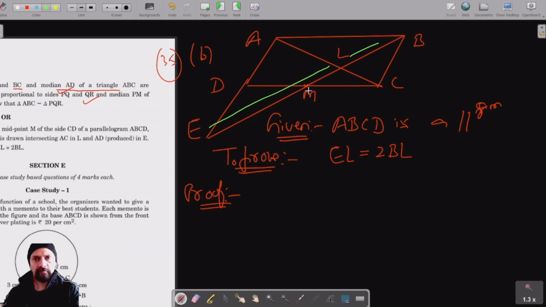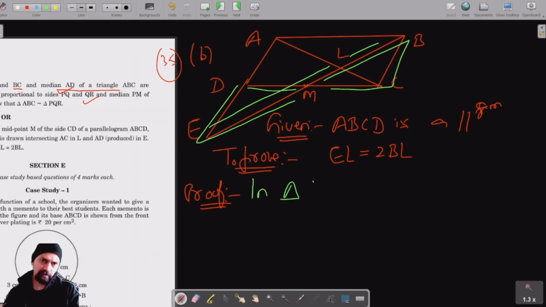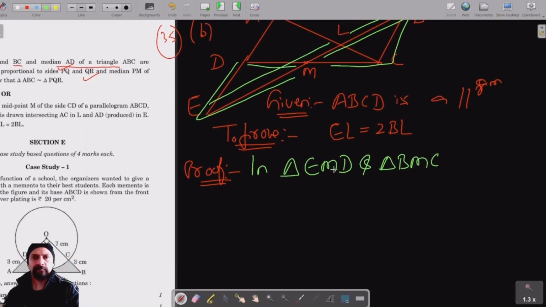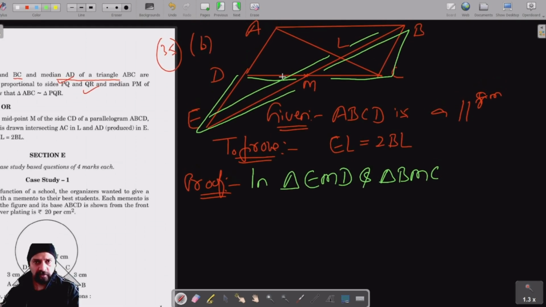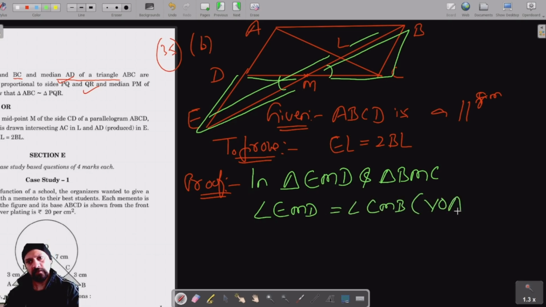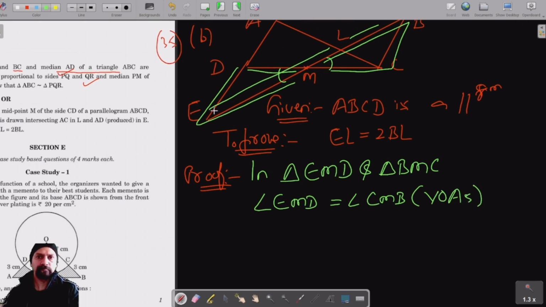So the triangles are EMD and BMC. Now for these two triangles, angle EMD is equal to angle CMB, and these are vertically opposite angles.